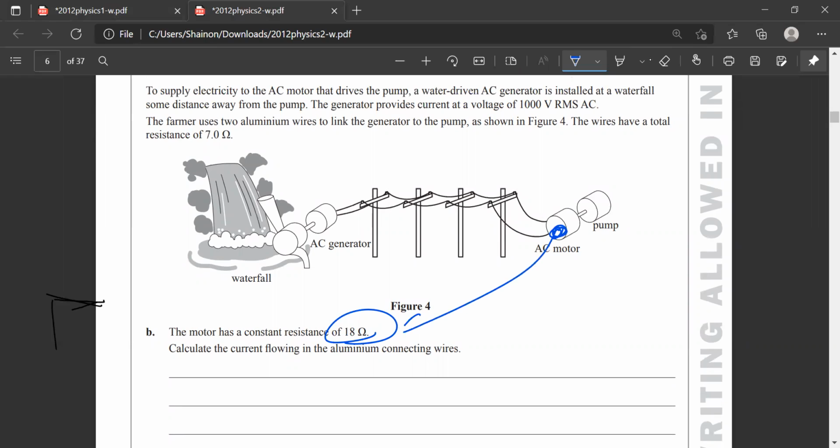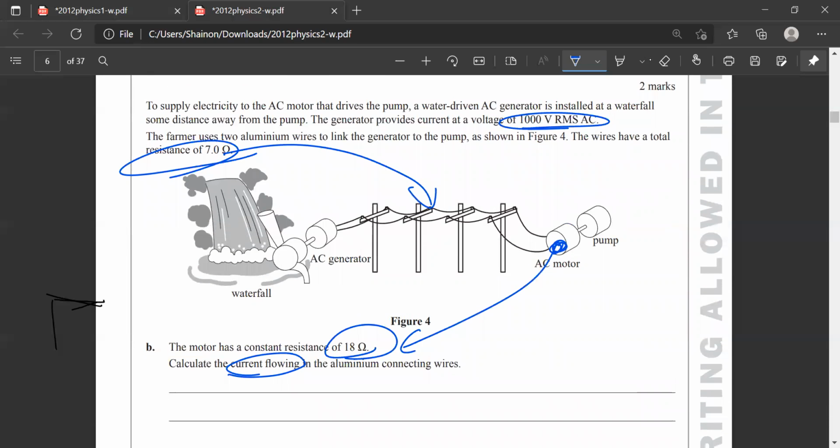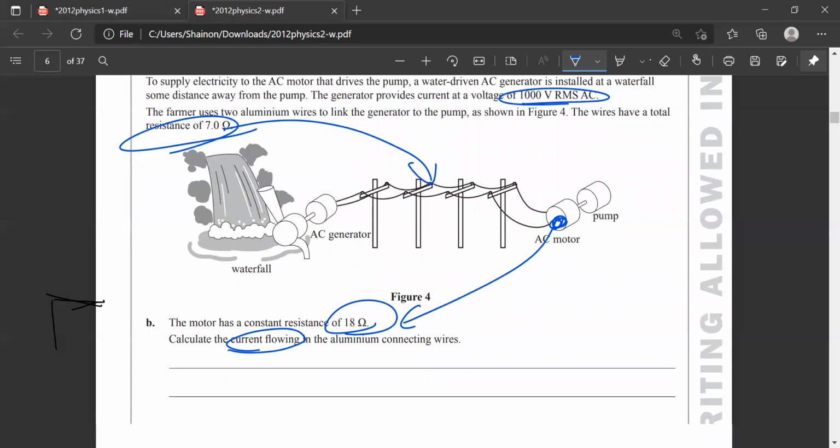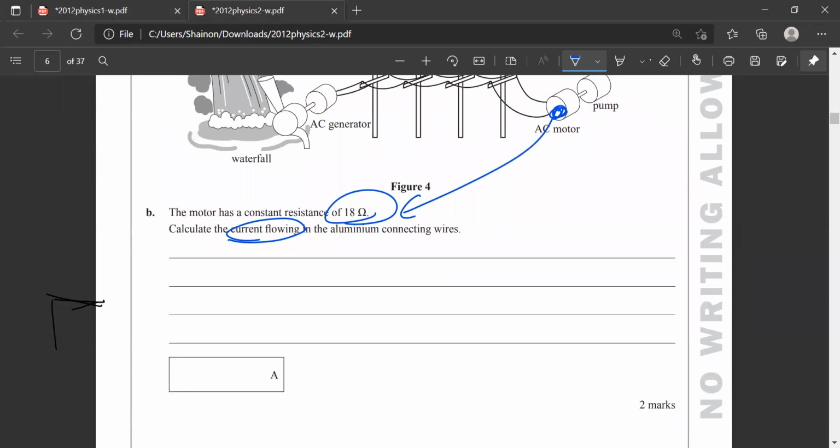Motor resistance in line, VRMS. So we need to find the current. So the total resistance is going to be 7 plus 8, 25. And we know that the voltage is 1000. So using V equals IR, 1000 equals I times 25, I equals 40 amps.